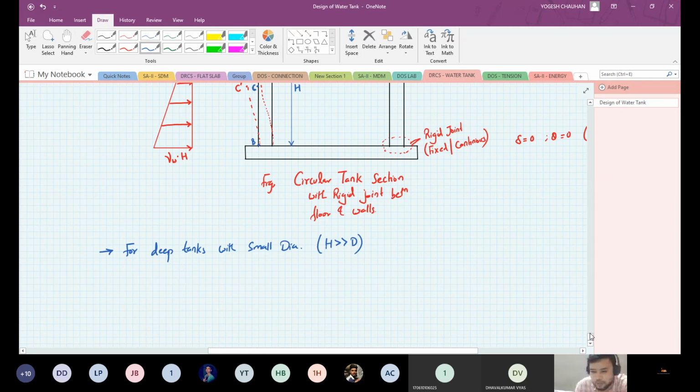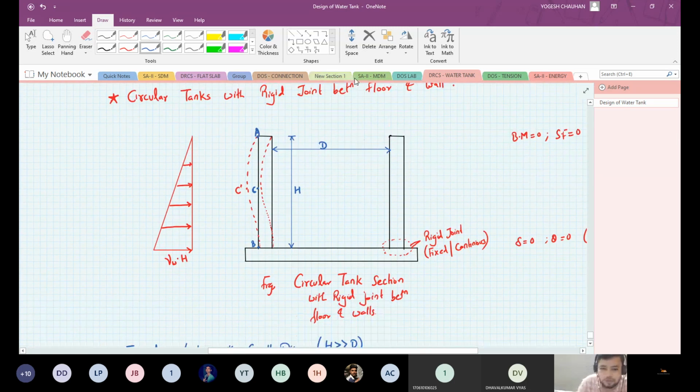See, when you have a rigid joint between the floor and wall, there are two predominant forces, or we can say predominant actions. One is hoop tension, and another is cantilever action.